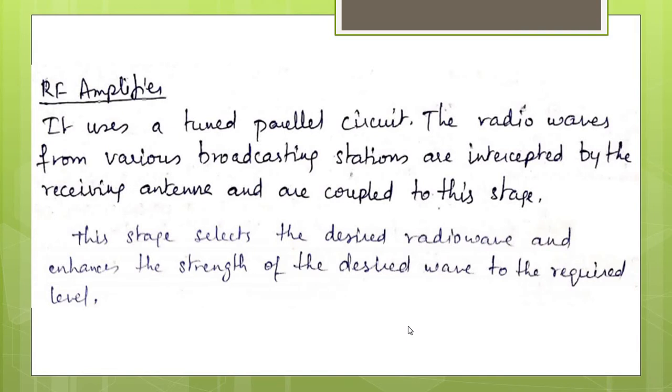So out of so many signals, whatever frequency the radio receiver is tuned to, only that particular signal has to be taken by this receiver. This RF amplifier selects only the wanted signal and rejects all the unwanted signals.